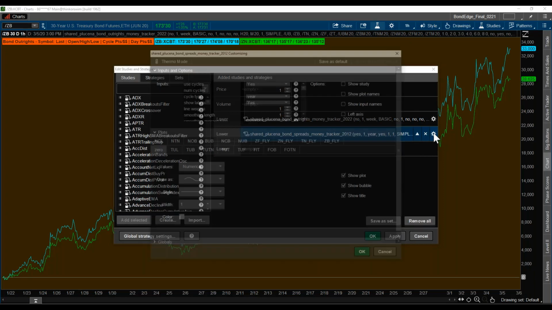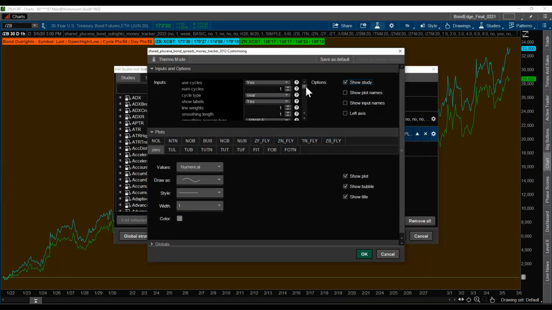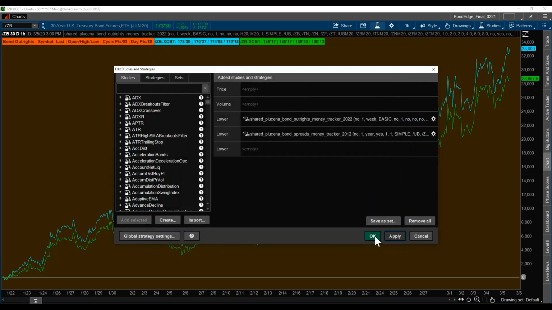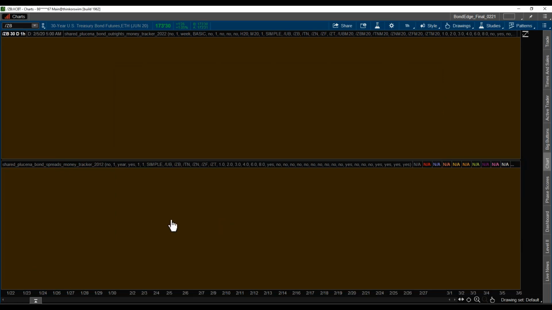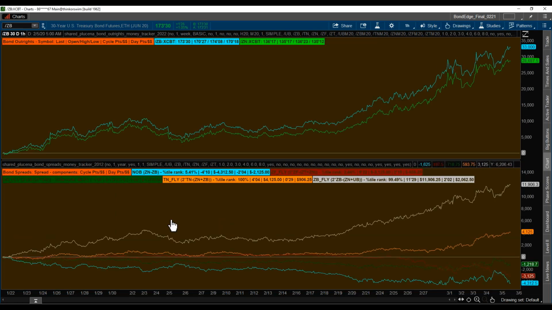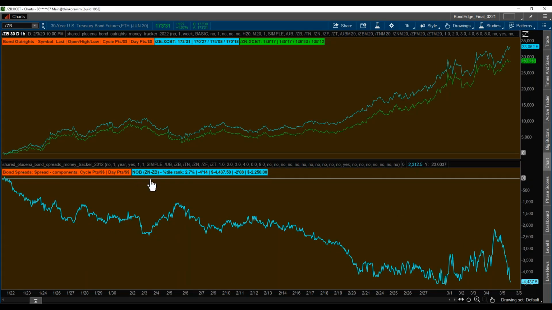Now look what else we can do. On the bottom, I'm going to add another study, and we're going to look at what's called the knob. The knob is just 10-year against ZN versus ZB. It's the same thing. Down here is the knob, ZN against ZB.